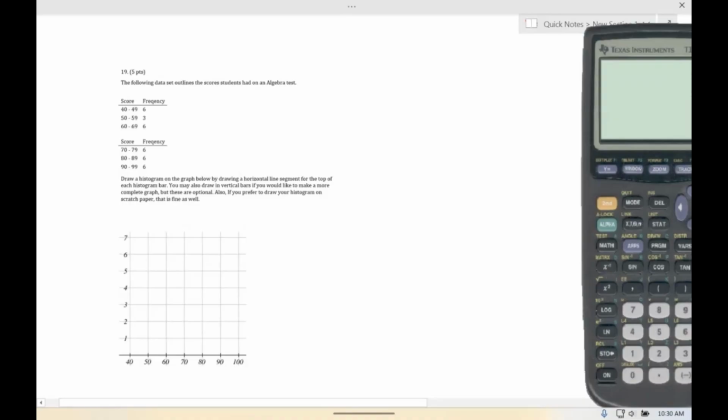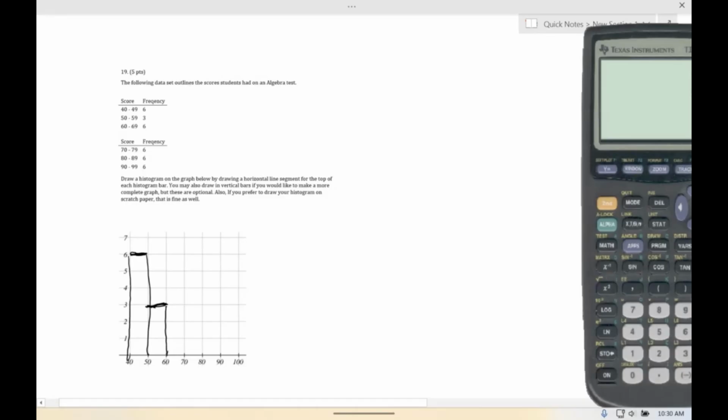So I'm going to go from our first interval from 40 to 49, and we have a value of 6. From 50 to 59, there were 3 counts. So I'm simply going to go up to 3.